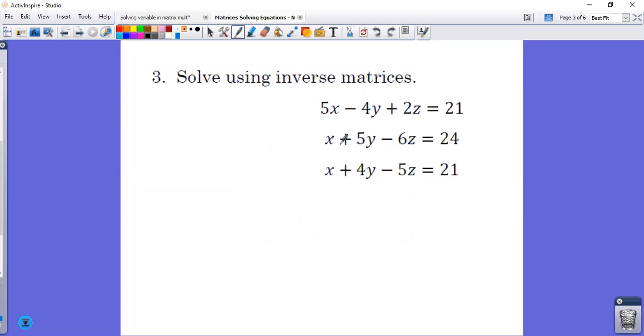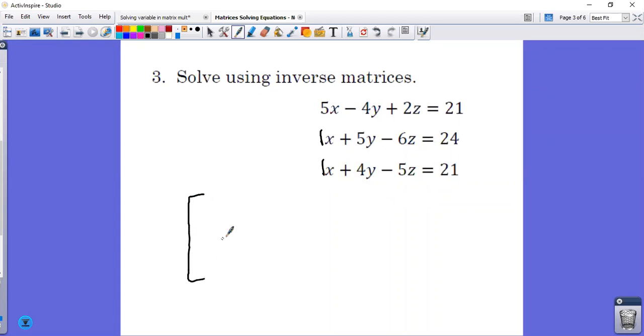So what I was going to show you, if one of these is missing, if you don't have an X, a Y, or Z at all, then use a 0 for it. Now, if you have the variable without a coefficient, it's 1. But if the whole thing is missing, if this just said 5y minus 6z, you'd use a 0 there.